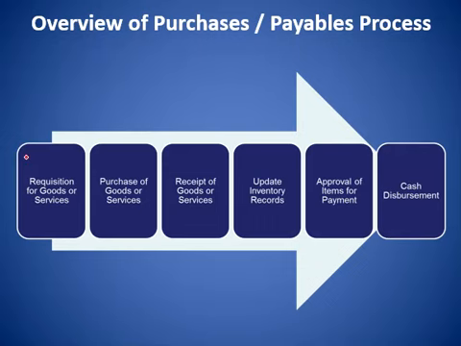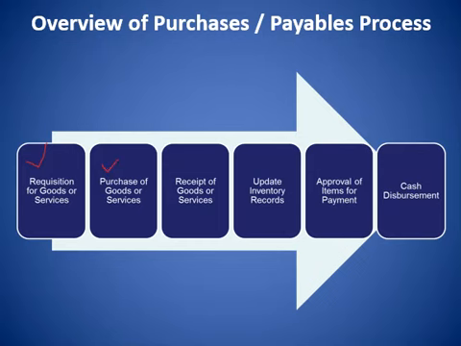In this case, we're going to basically requisition either goods or services. Now, in our case, we're going to simplify this by saying that we're requisitioning the purchase of inventory for resale in the future. So right now, we're going to requisition goods for inventory. Next, based upon that requisition, the purchasing department, which is a company function that makes professional acquisitions, seeking the best goods or services at the best possible prices and terms, is going to go out and purchase goods and services.